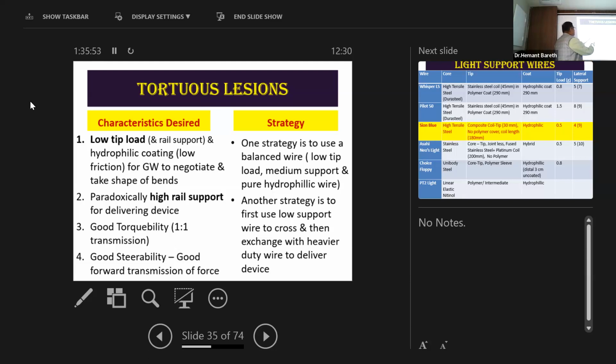Also, rail support should be low because it has to take those turns. The third thing is you require it to have lower friction.